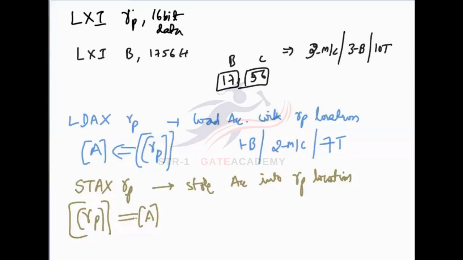Whenever I write two brackets like this, it acts as a pointer, so the accumulator data is stored at that place. It is a 1 byte instruction, 2 machine cycles, and 7 T states.